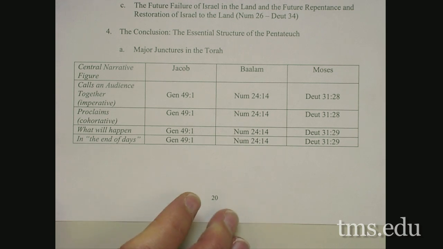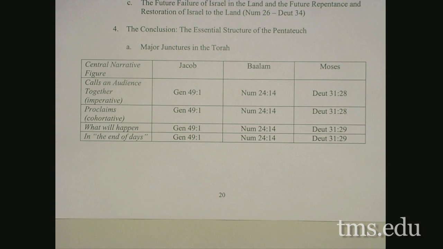And here are these grammatical features. We have an imperative verb followed by a coordinative, followed by a statement of what will happen with a phrase that is only used four times in the Torah as a whole, at the end of the days.